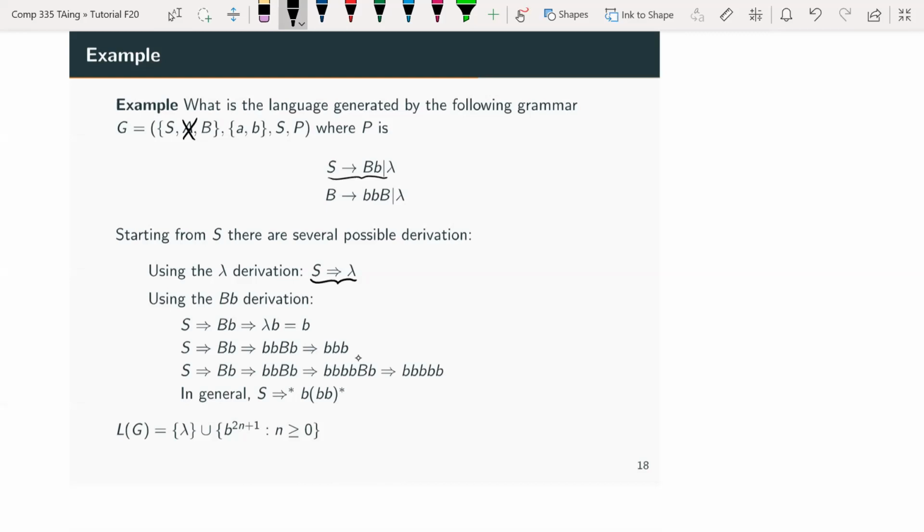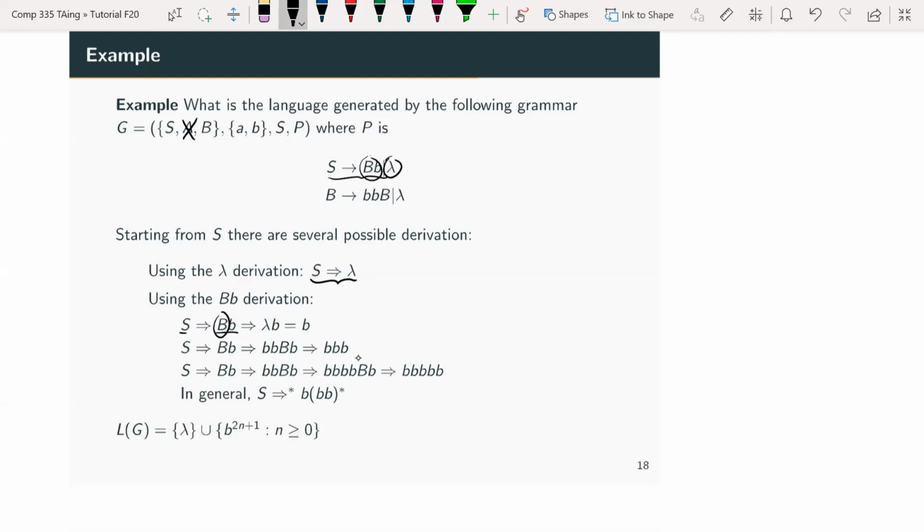Then if you say, okay, I'm not going to use this lambda production rule anymore, I'm just going to straight away use this BB. Then you can say S gives you capital B little b, and now what is going on is you have options for what to replace the capital B with.